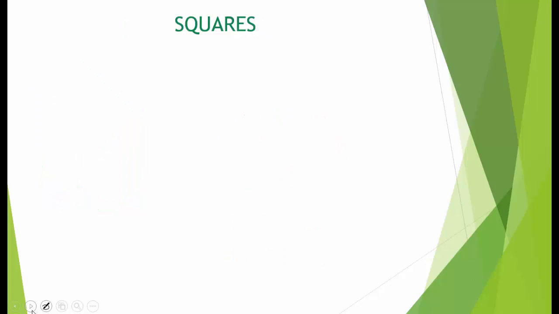Now students, we will find squares. For this, first we have to learn squares from 1 to 30.